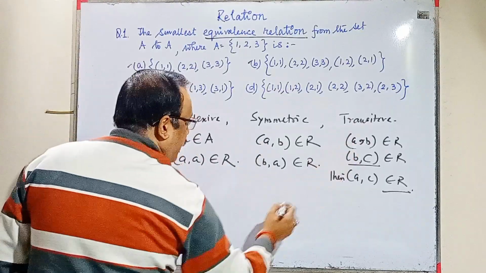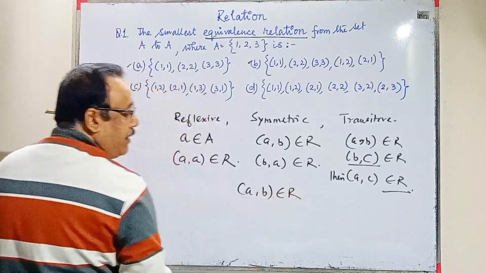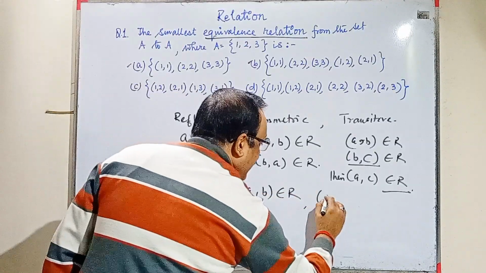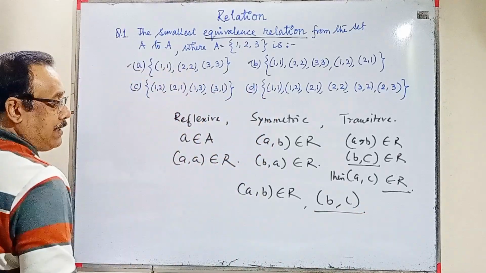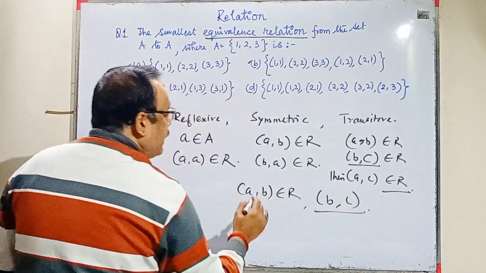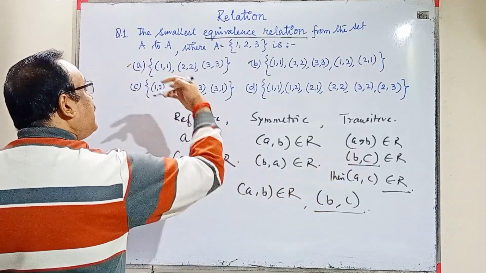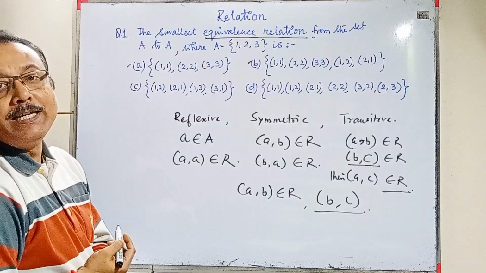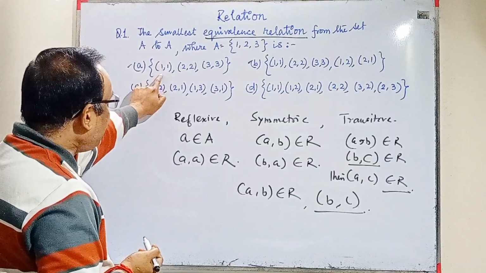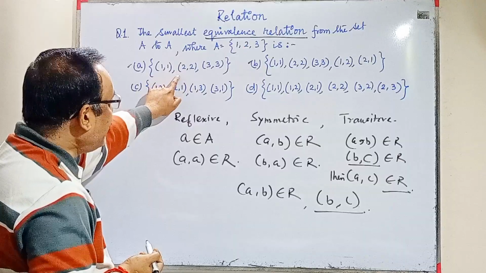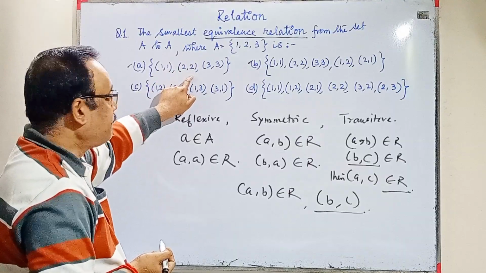Always remember, if (a, b) belongs to R is given in the relation, but you don't see (b, c) in the relation, then we don't check for transitive; we say straight away that the relation can be transitive. So this relation is reflexive, this supports symmetric, and this supports transitive.